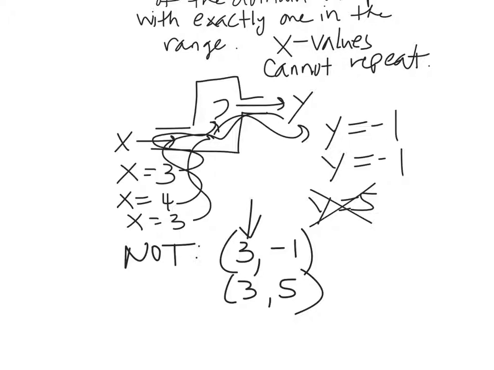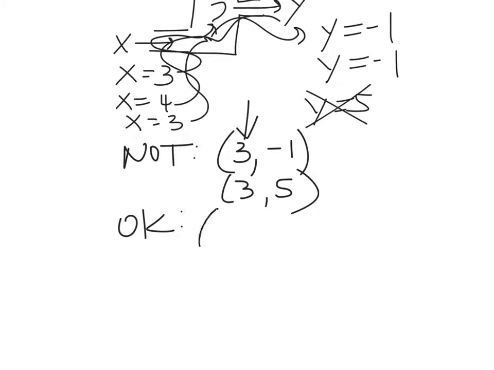You can have, though, did you see up here? 3 went to -1 and 4 went to -1. That's okay. The y's can repeat, right. So my 3 can map to -1 and my 4 can map to -1. That's fine. I'm not getting 2 different values for my 1 x. You can't have that. So every single element of the domain corresponds to exactly 1 in the range. I can't take my domain and it corresponds to 2 or 3 or 4 different numbers. Not allowed.